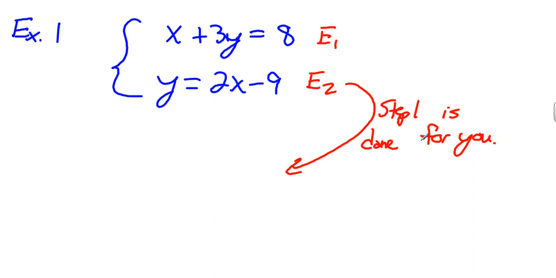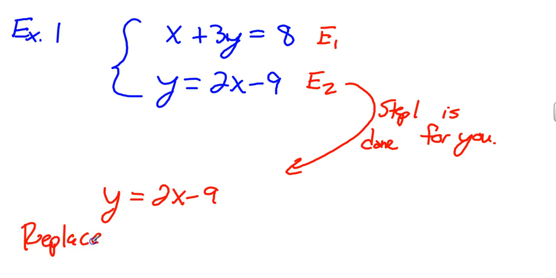Step 2 said we're going to take this equation and plug it back into equation 1. When you've got y equals 2x minus 9, remember that you're going to replace y with 2x minus 9.